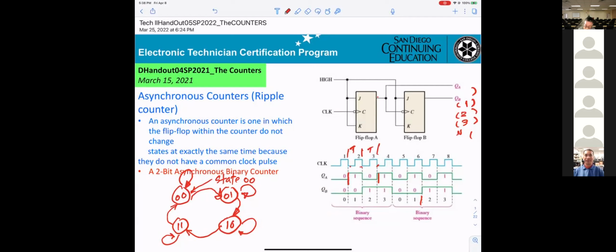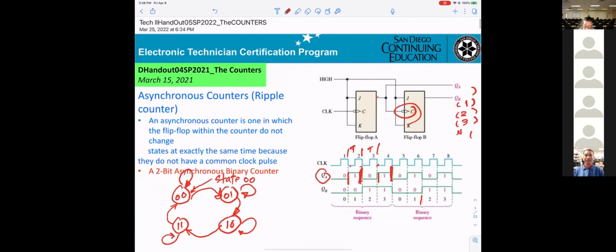Now if you're looking at the next one, you can see from here to here, that's one period of QA. And QA goes into the clock here. So now the output of QB, you can see this is 1T, double the period of QA.